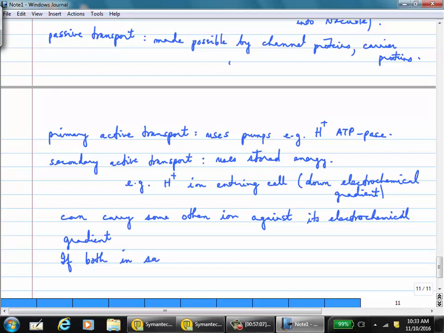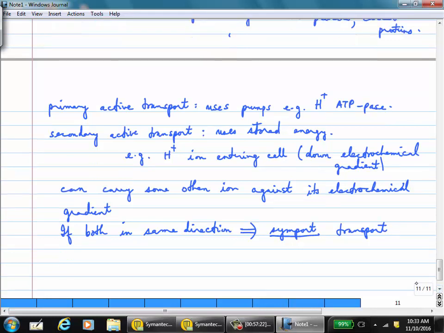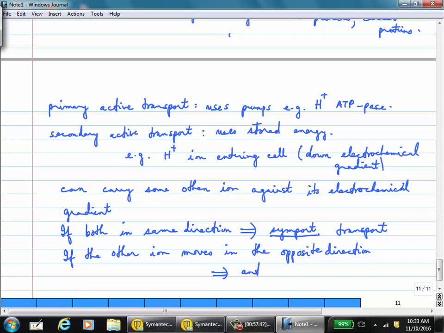And if the other ion moves in the opposite direction, then this is called antiport transport.